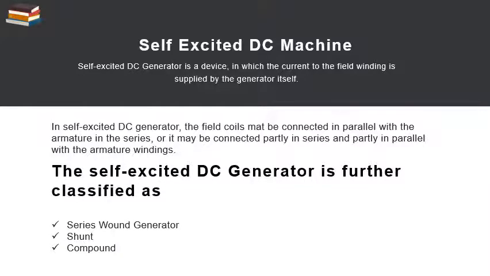The self-excited DC generator, or we can say the self-excited DC motor or self-excited DC machine, is further classified into three categories. In a previous slide, we saw the classification diagram. Number 1 is the series wound generator, second is the shunt wound generator, and third is the compound wound generator.